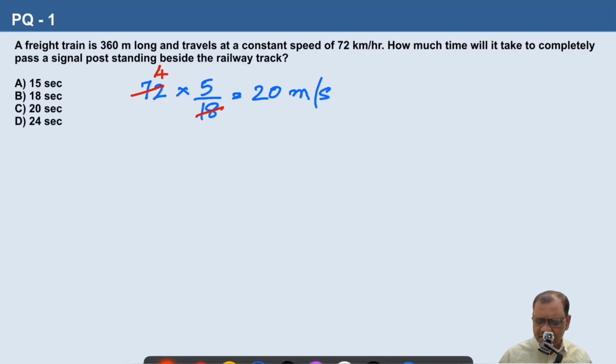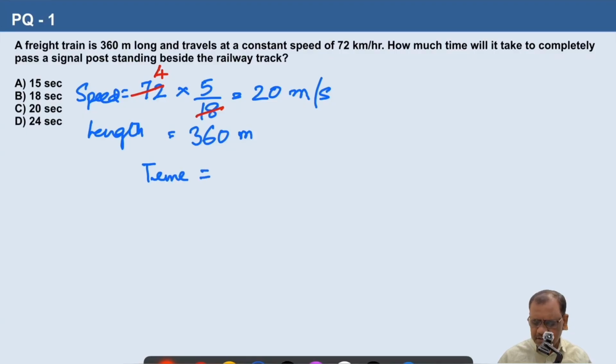What is the length of the train here? Length is 360 meters. So time will be the length of the train, that much distance the train has to go forward to cross the signal post, divided by 20.